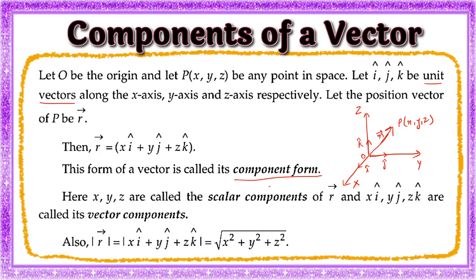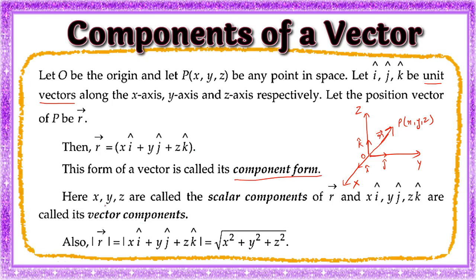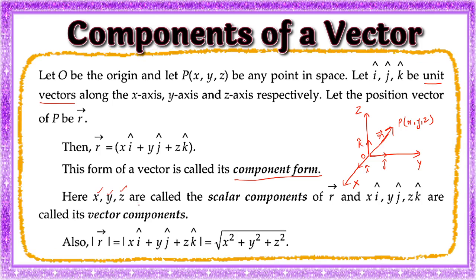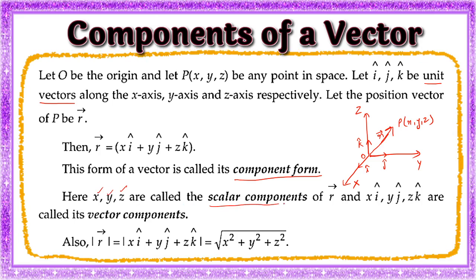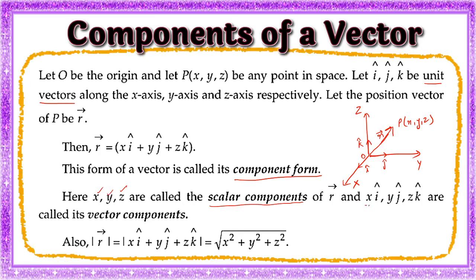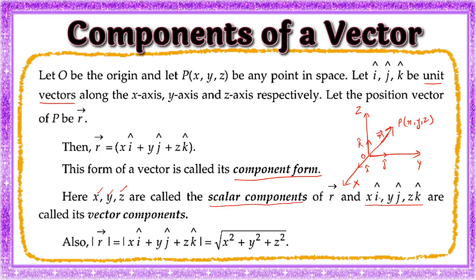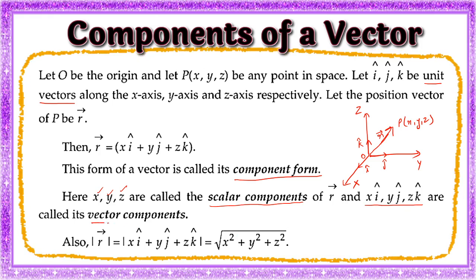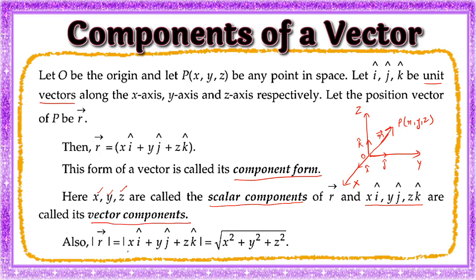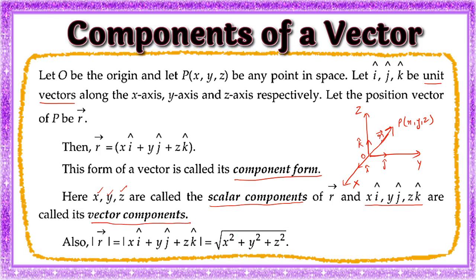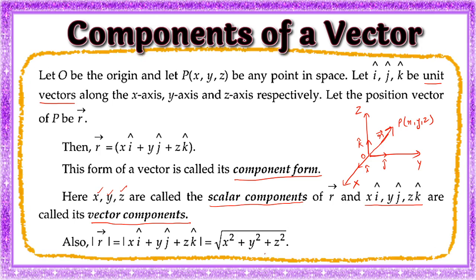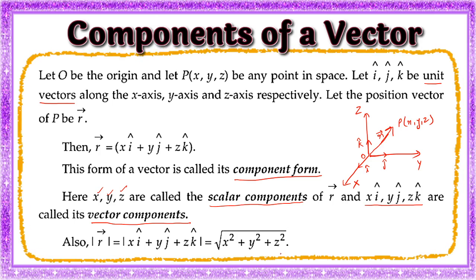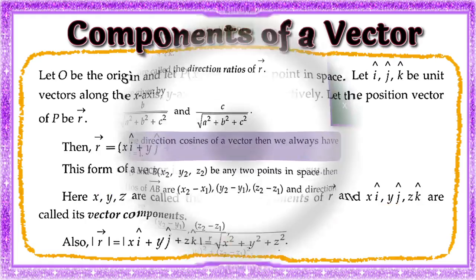In this component form there are three components: x, y and z. They are called scalar components, and when we add directions to them, i cap, j cap and k cap, they become vector components. And what will be the magnitude of this vector r? It will be under root x square plus y square plus z square.